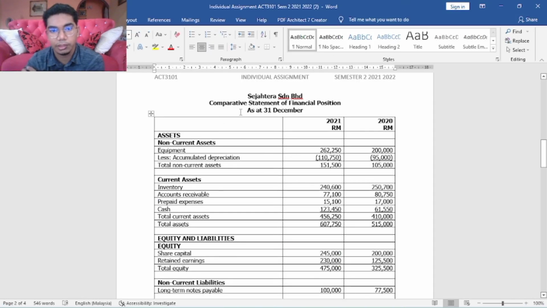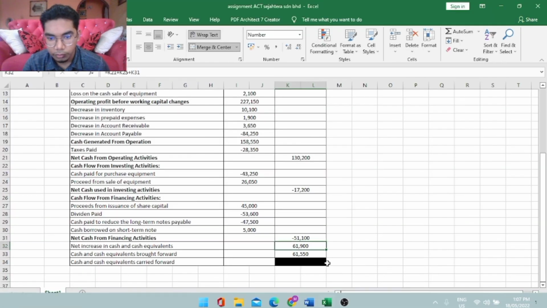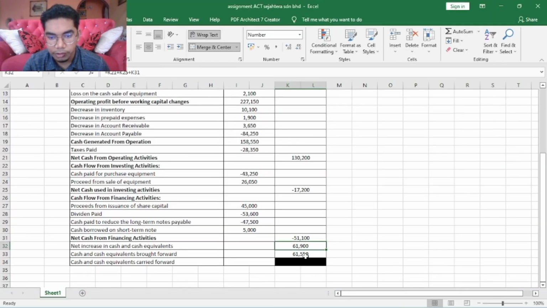I get it from the comparative statement of financial position. In current assets, cash, we take the amount from 2020. We sum the amount, 61,550, and we get 123,450 for cash and cash equivalents carried forward.